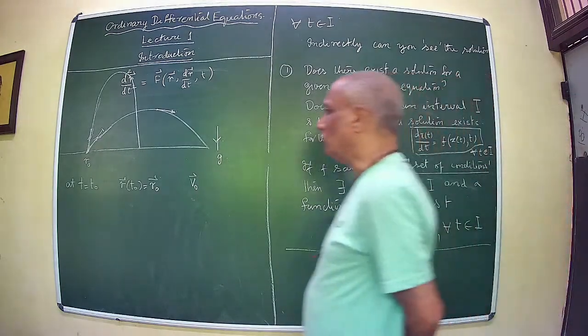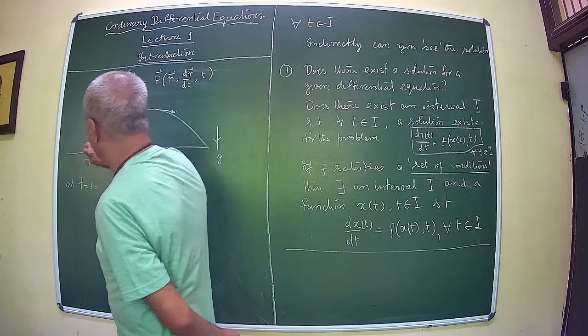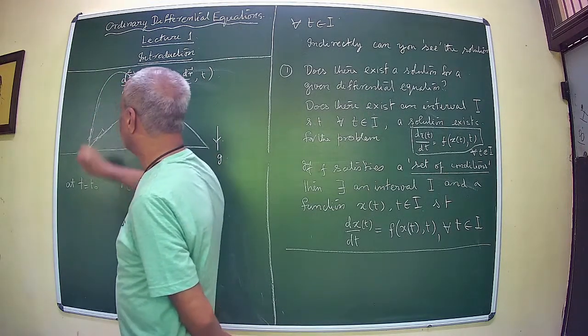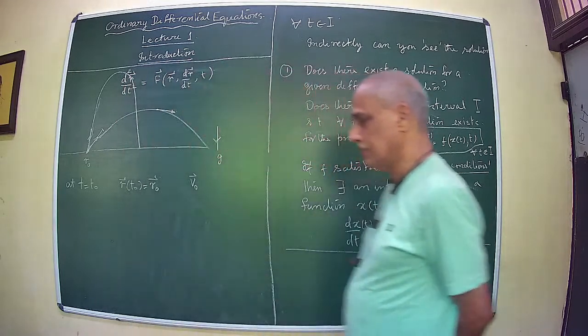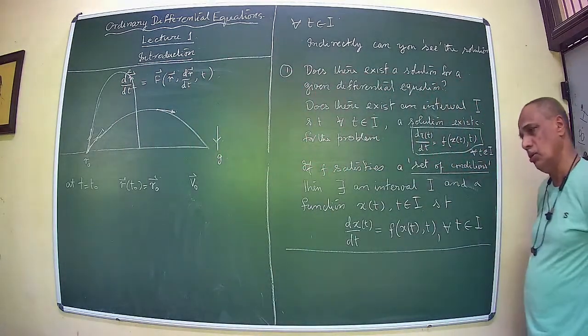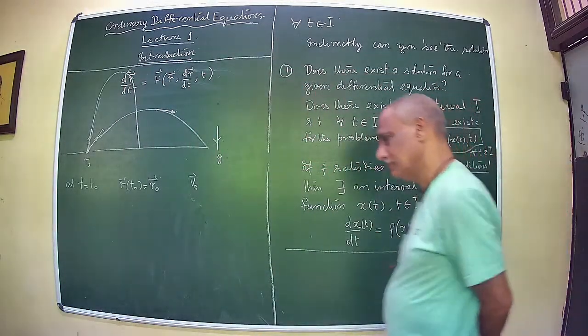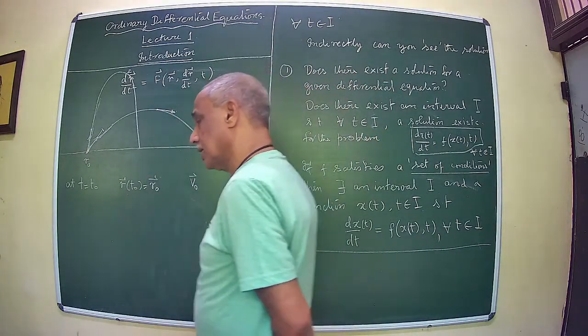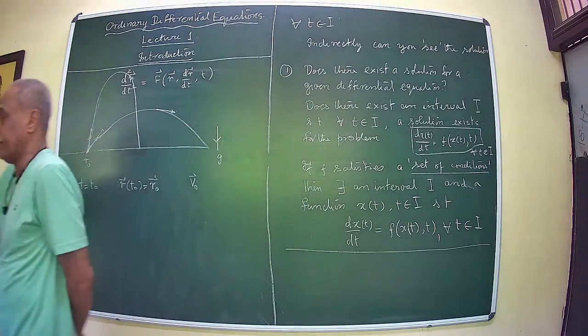So you see that once you launch it, once you fix the initial position and the initial velocity, then you have no control over it, unless you have some mechanism to change this force. If it is in the gravitational force, then it travels.